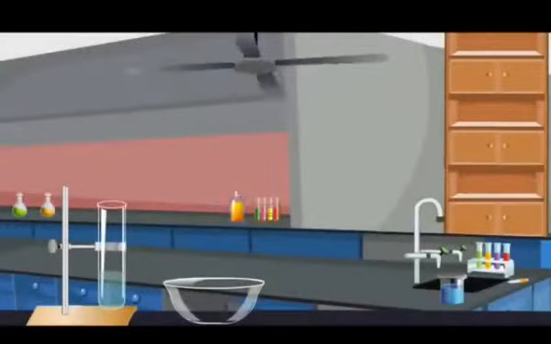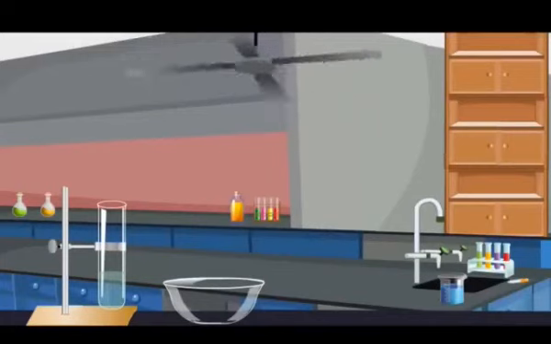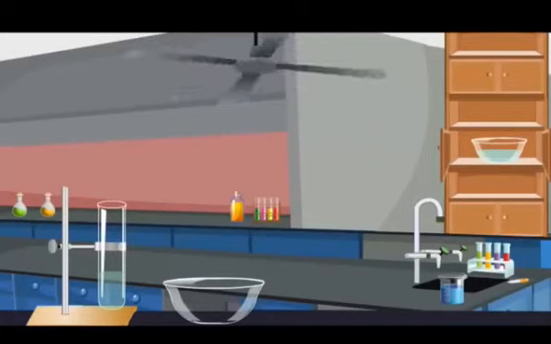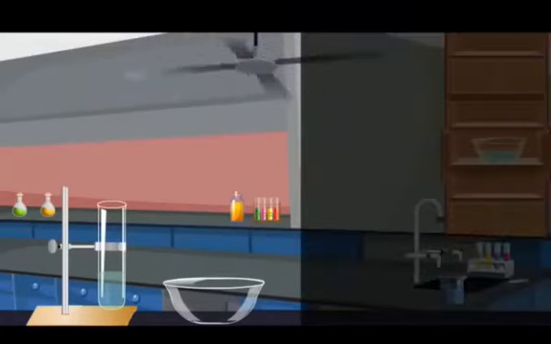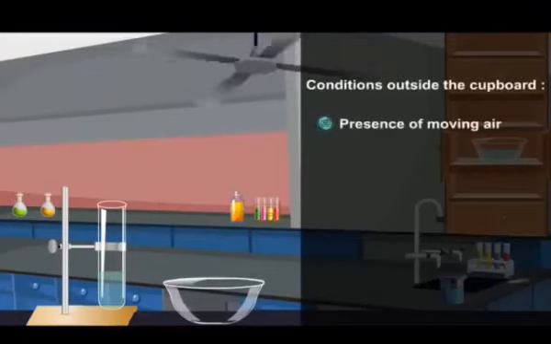And what do we observe after a few hours? We'll find that the water present in the china dish under the fan will evaporate fastest, and the water present in the china dish inside the cupboard will evaporate the last. Why did that happen? Let's first compare the 2 areas. Now outside, that is under the fan, there was air which was moving.